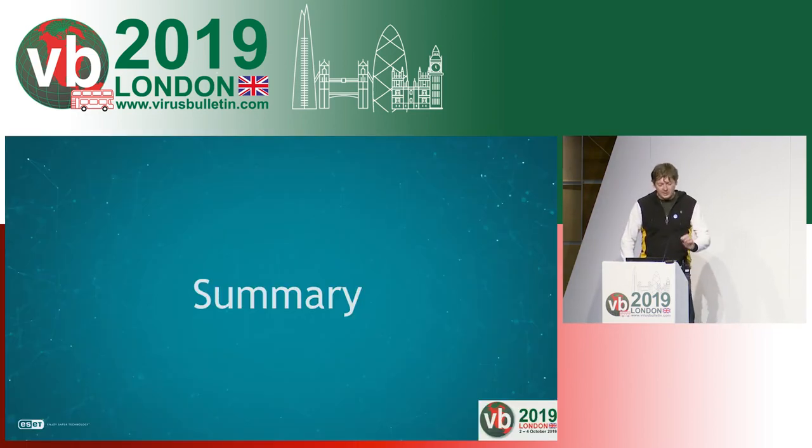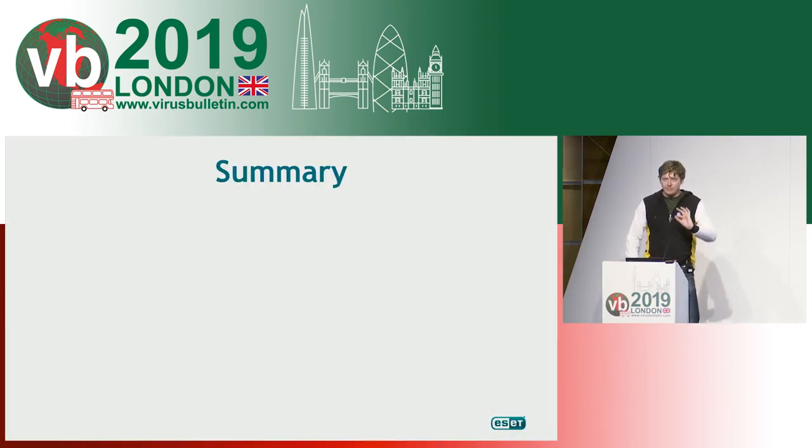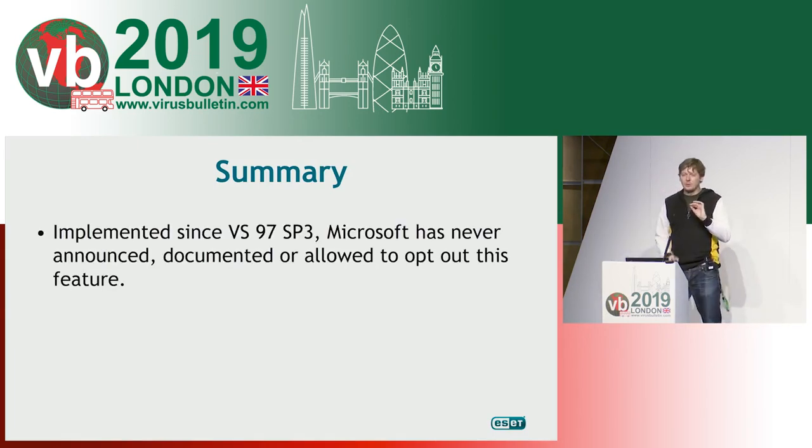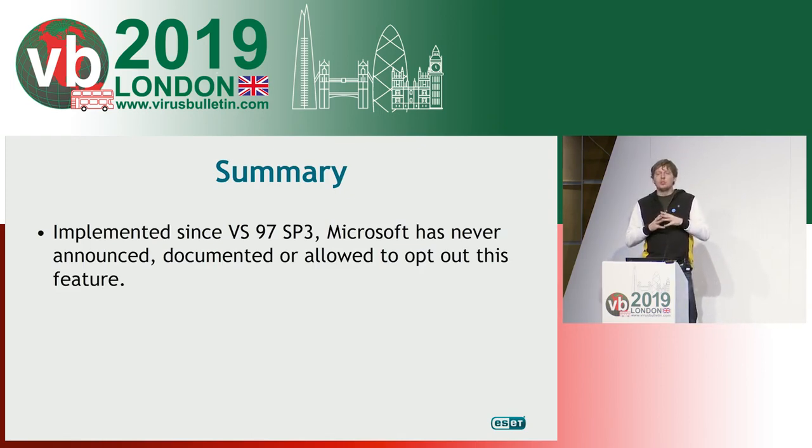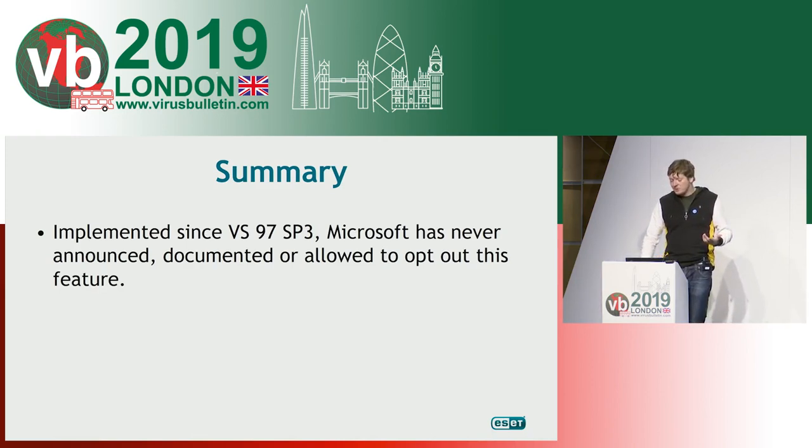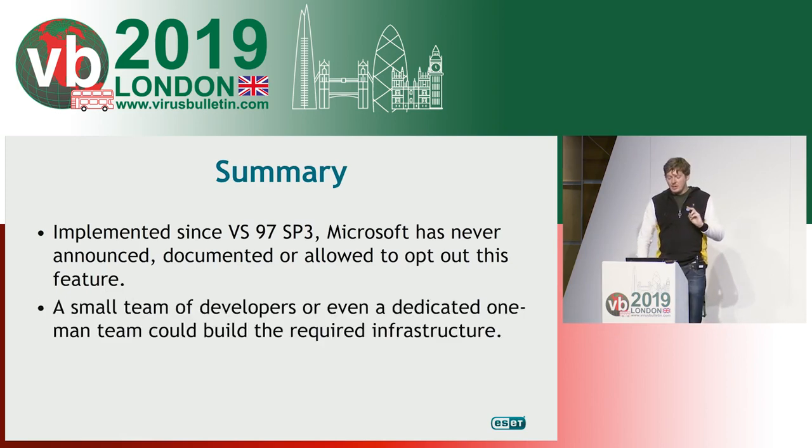So let's summarize it. I believe we have just time for the summary, three points. Rich headers were implemented 22 years ago. Microsoft offers no option to opt out, it is not documented, and it was never announced. So it's mysterious.